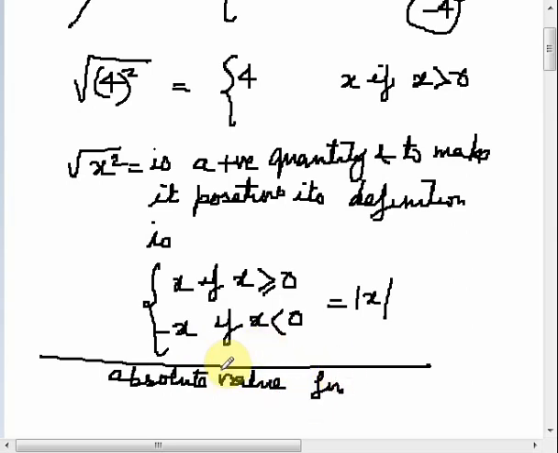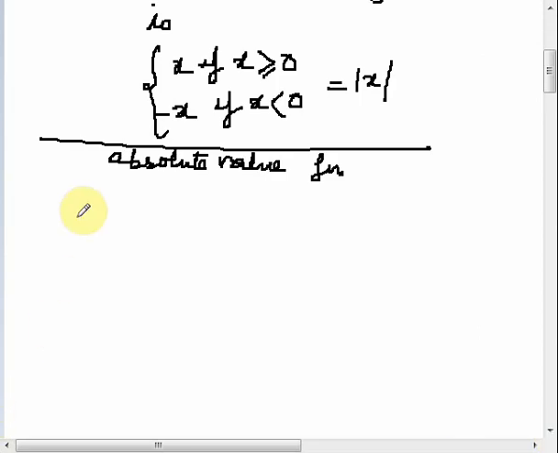So I think all your confusions regarding the square root might have been removed, whether it is plus or minus.